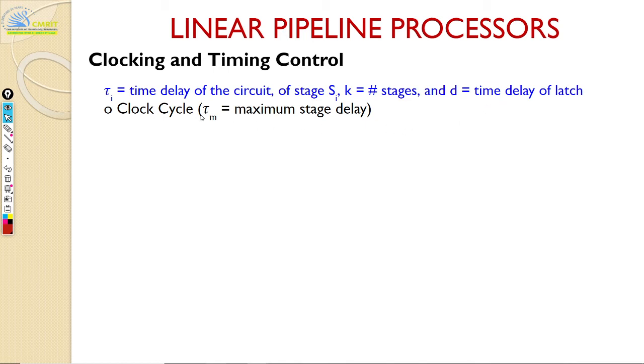Okay, so now clock cycle. What is the clock cycle? Clock cycle is nothing but how much I can supply to my processor. Let us say we have our laptop, for example, you have 2.4 gigahertz as your clock frequency.